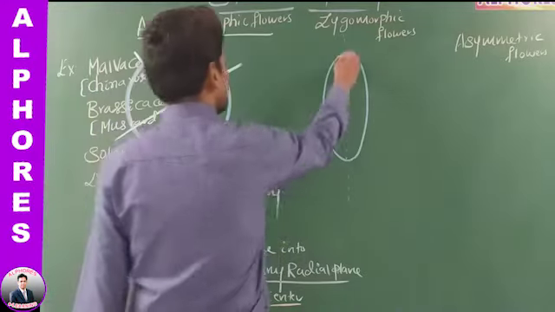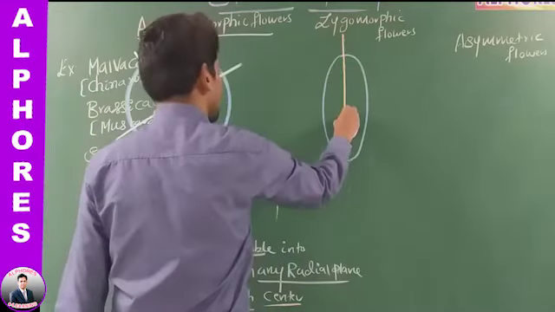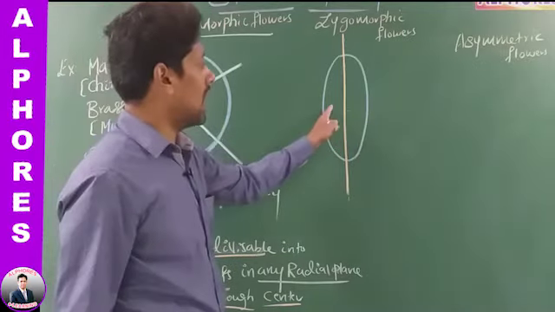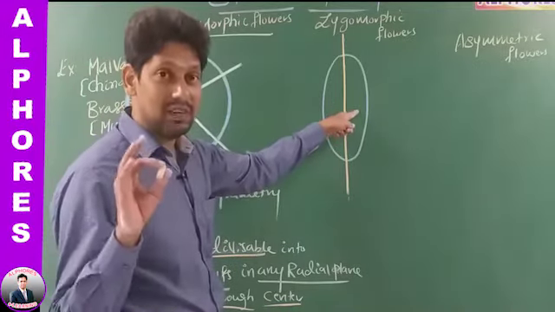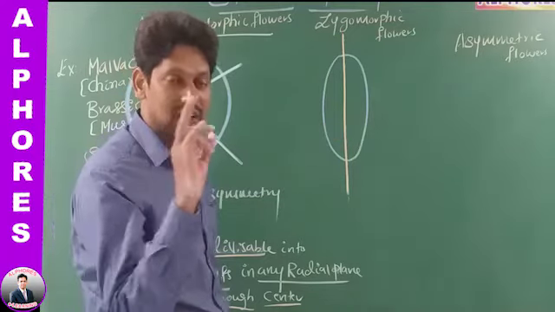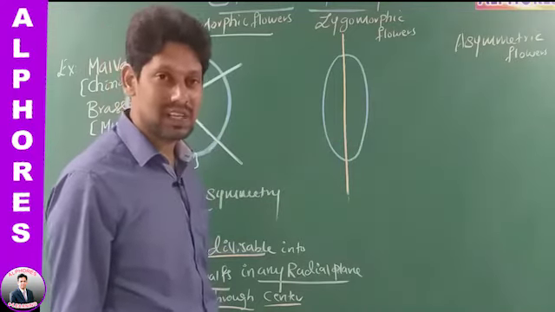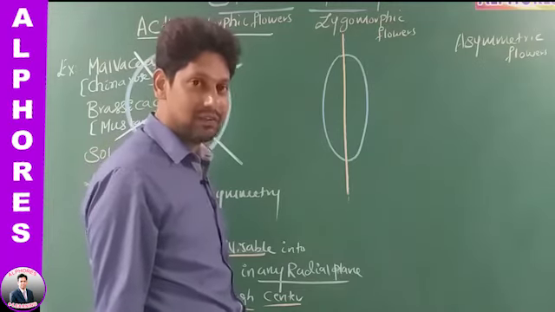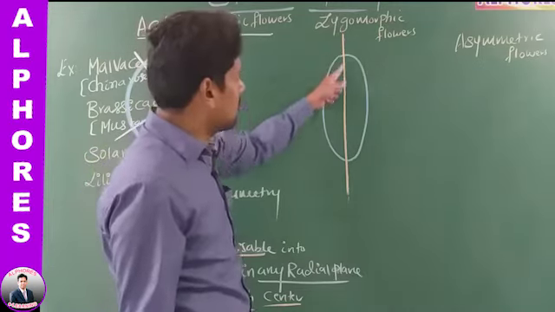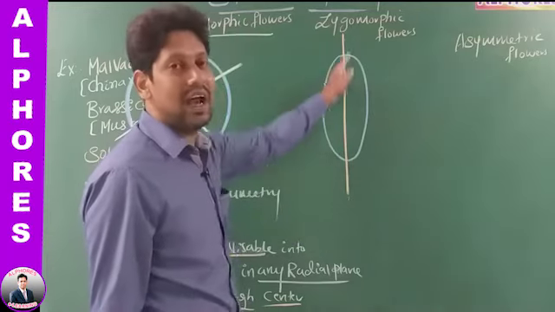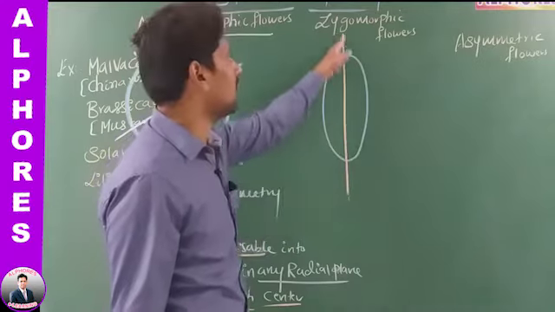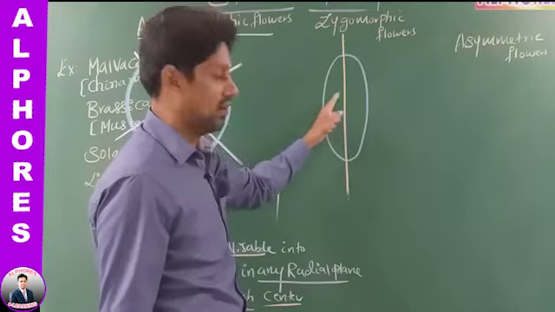This flower is divisible into two equal halves only in one vertical plane. We are getting two equal halves when we cut the flower in only one vertical plane. What is that vertical plane? Posterior to anterior or anterior to posterior. If you cut the flower from anterior to posterior, you will get two equal halves.